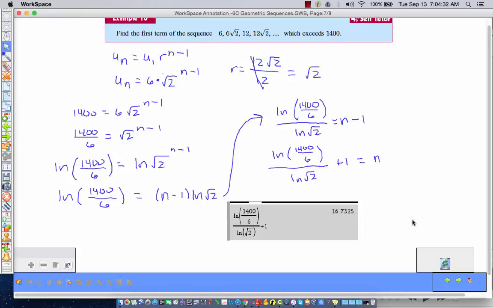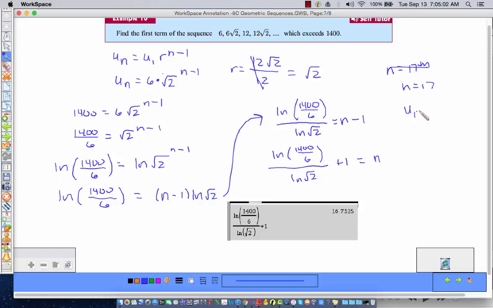interpret this answer here. It says the first term of the sequence. Which term number does it? Well, it's not term 16 because it took 0.7 to get to 1400, so it has to be the 17th term. Now, in this equation, n equals 16.7, but when we consider n being a term number, it must be the 17th term, or n equals 17, I should say.